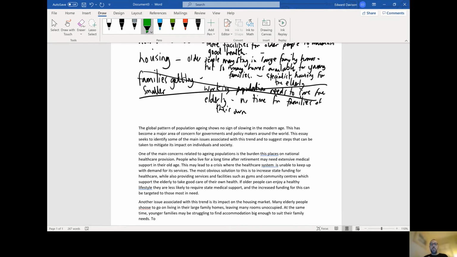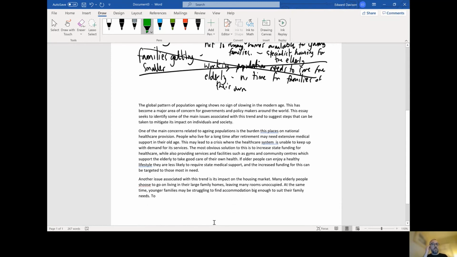Okay, remember we are saying a simple sentence which introduces an idea, and then more complex sentences which develop that idea. So again, we want a simple sentence here to explain that we're going to talk about solutions to this.